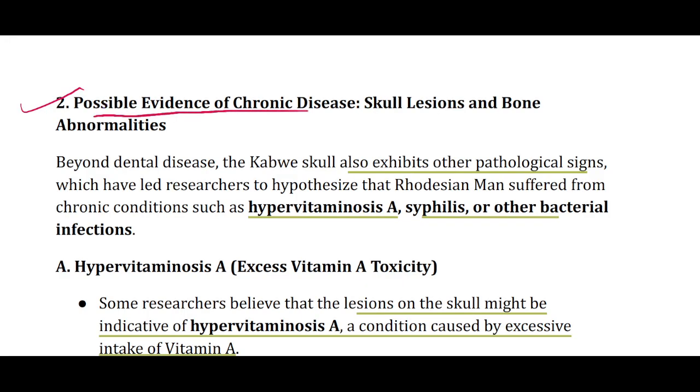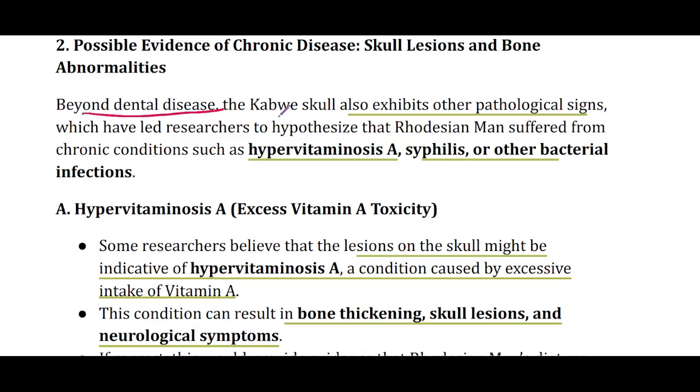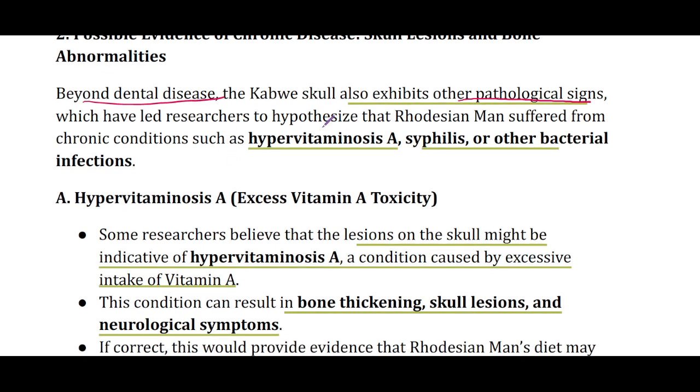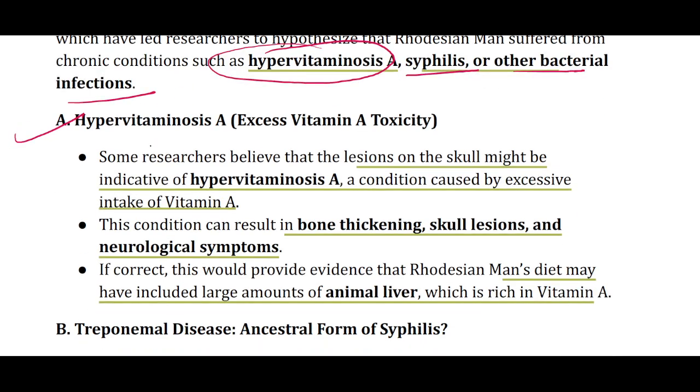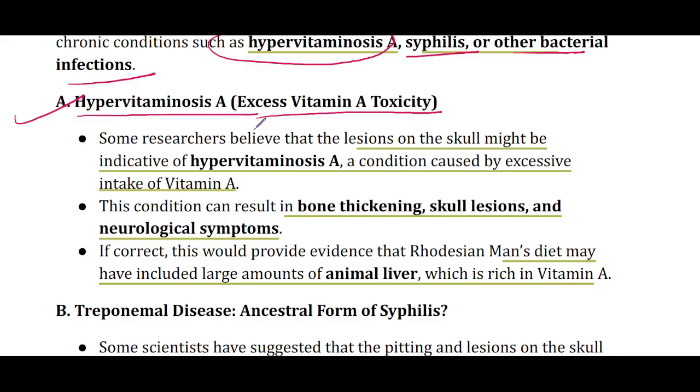Now, the possible evidence of chronic disease: skull lesions and bone abnormalities. Beyond dental disease, the Kabwe skull also exhibits other pathological signs such as hypervitaminosis A, syphilis, or other bacterial infections. First, hypervitaminosis, excess vitamin A toxicity.